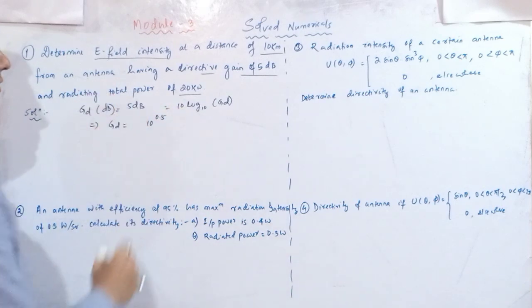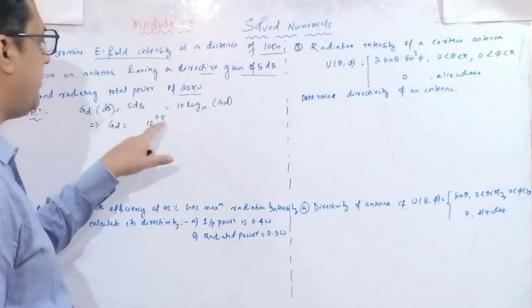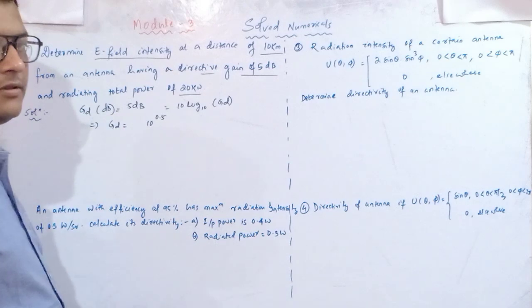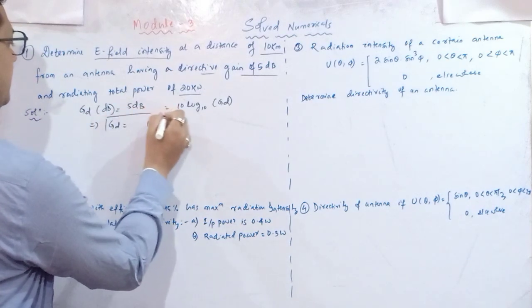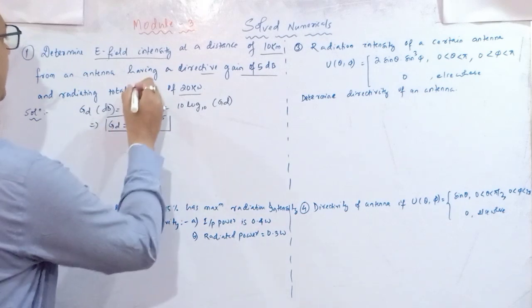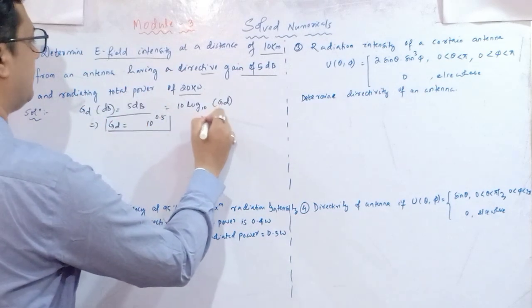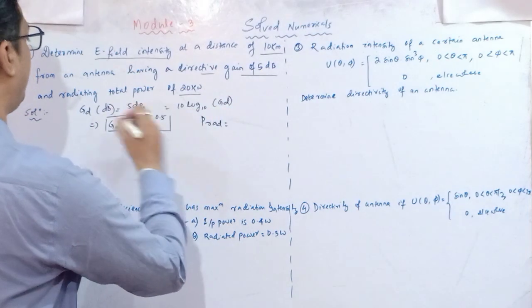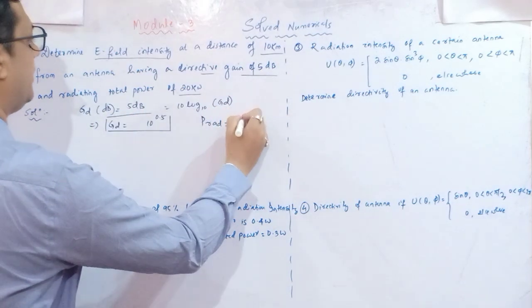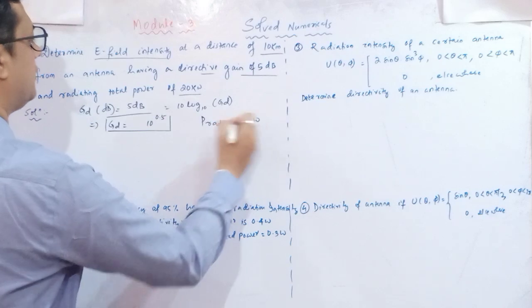This 10 you divide with respect to 5, so it will become 0.5, and then G_D is equal to 10 to the power 0.5. And the radiated power, P_rad, the total power radiating, is equal to 20 kilowatt.